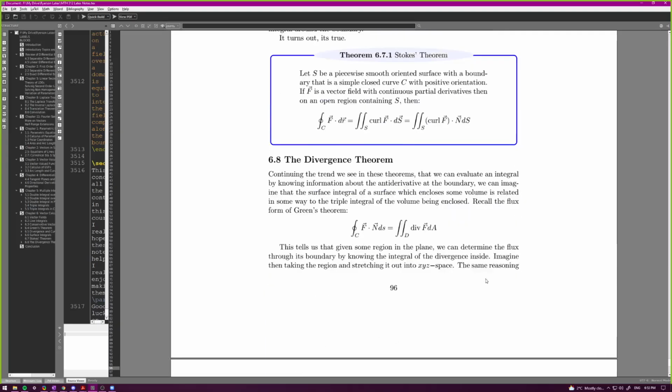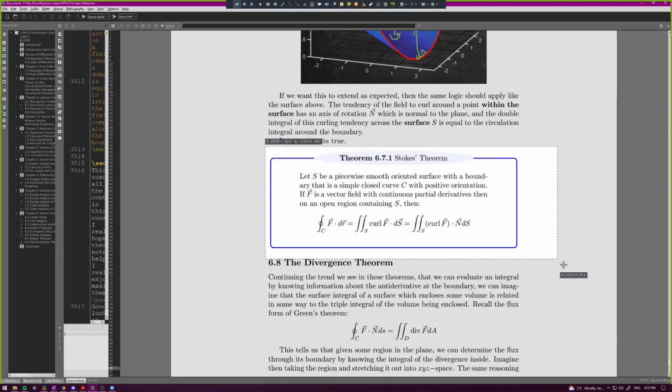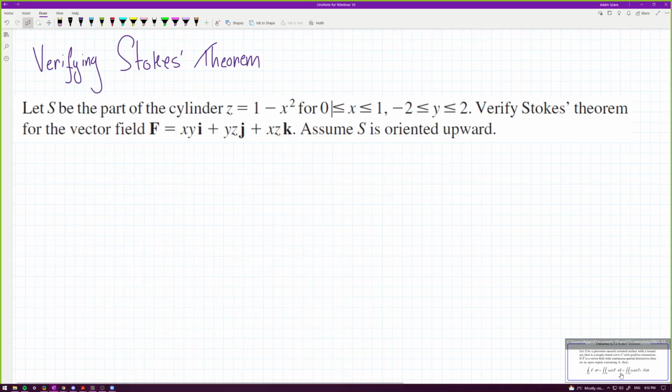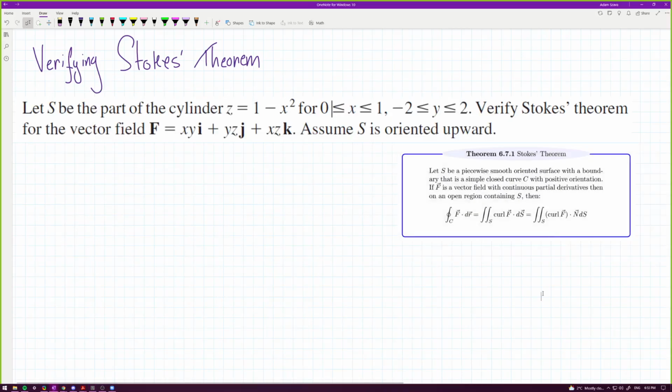Okay. So there's Stokes theorem. Stokes theorem is interesting. I'll just put it here, and put that there. So we want to verify Stokes theorem for this.